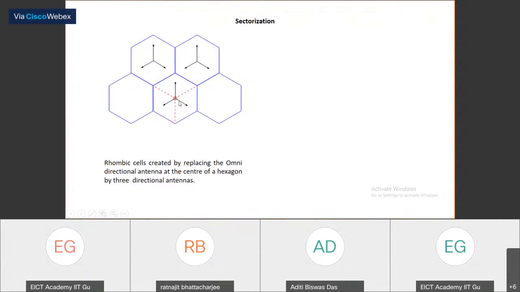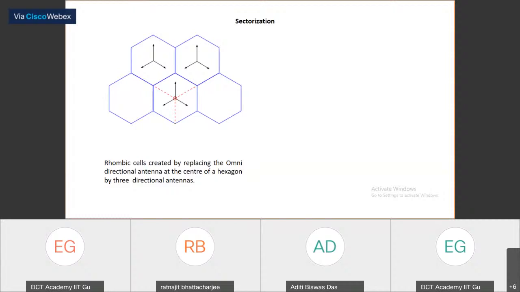You can see this is one rhombus, served by one antenna. This is another rhombus, served by another antenna array, and another rhombus served by another antenna, and these three together will be put on the same pole and make a base station antenna. So this is one arrangement which is usually used.